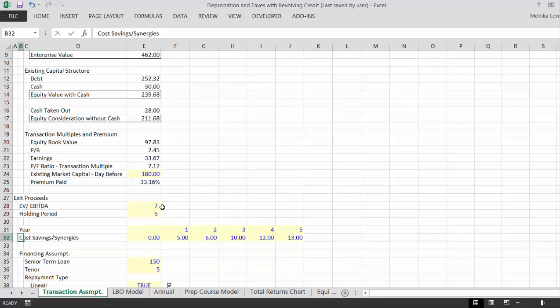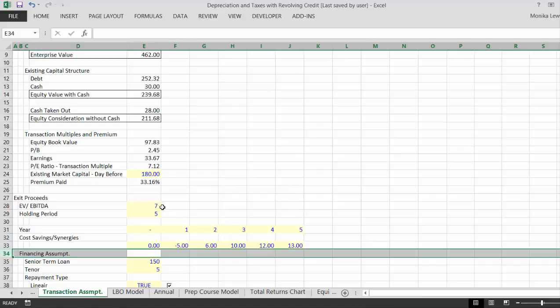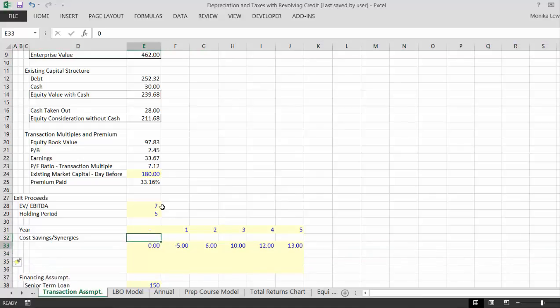And for this one, I think what you probably should do is put a base case and no synergy case, a high case, and some people argue there are negative synergies.